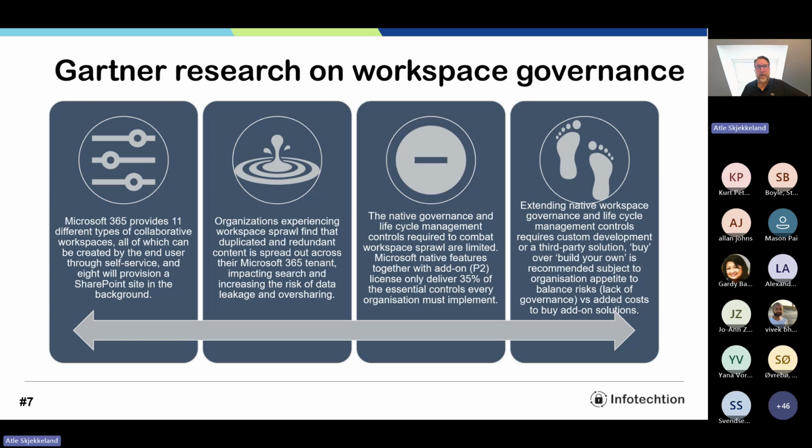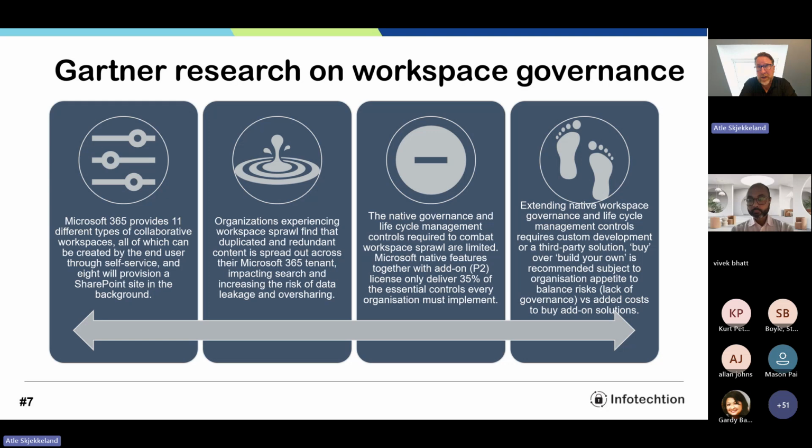One more thing from Gartner, and there are 4 things I want to address here from them. They basically say that 365 currently provides 11 different types of collaborative workspaces that can be created by users on their own, unless you turn it off, and 8 of them have a SharePoint site in the background. And the organization that doesn't take control over this will see duplicated, redundant, or ROT content spread across their tenant, impacting search, but also the risk of data leakage and oversharing.